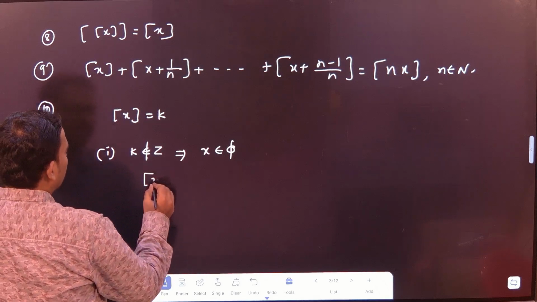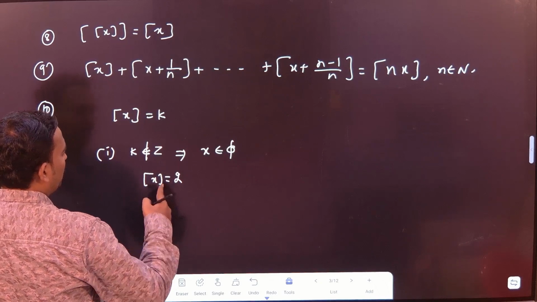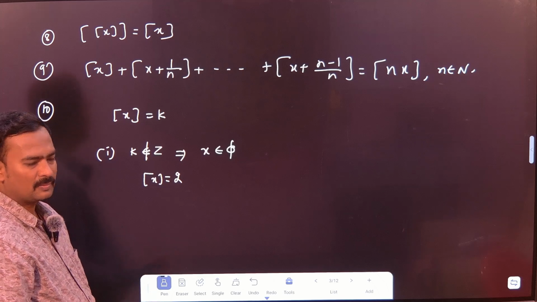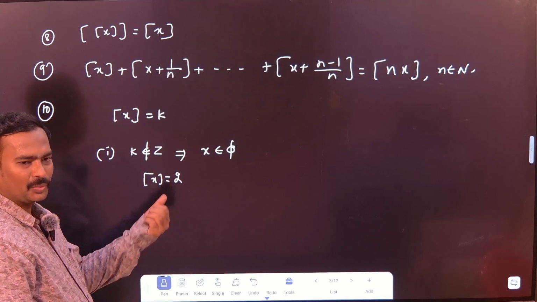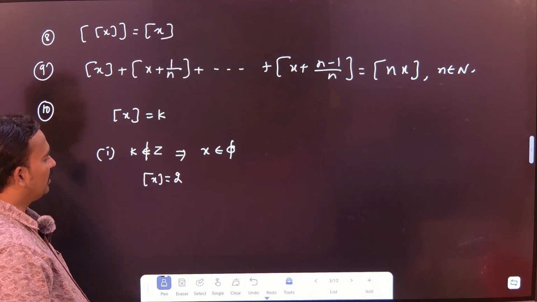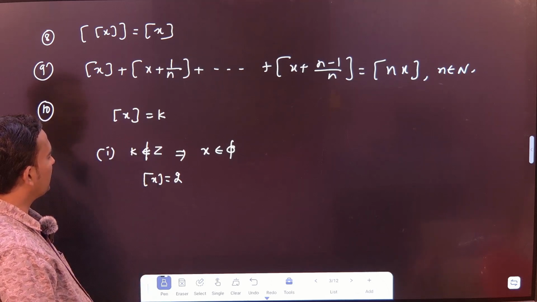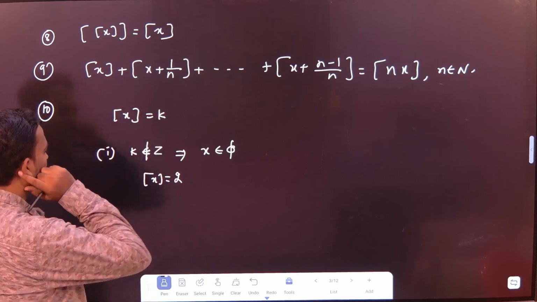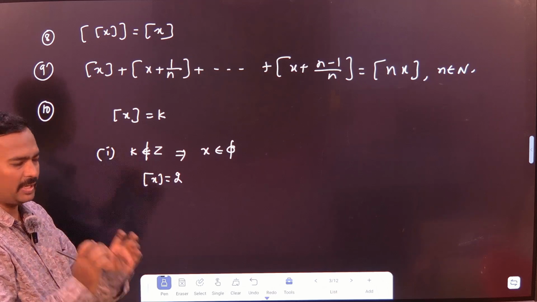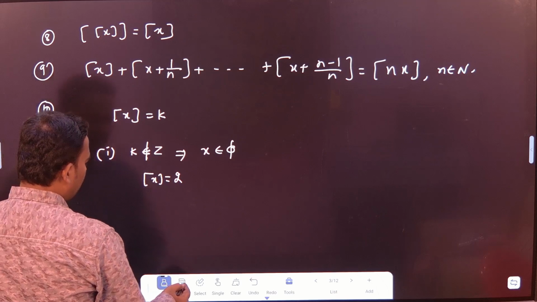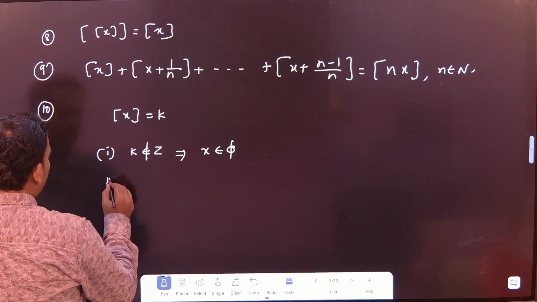For example, the greatest integer function is equal to k, suppose 2. If 2 does not belong to integers, it's not possible, right? There is no such x value such that the greatest integer function is equal to that k, because the greatest integer function is an integer value. Okay, let me take the second one.